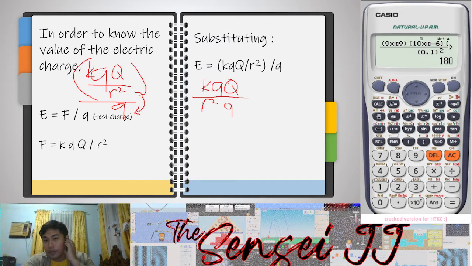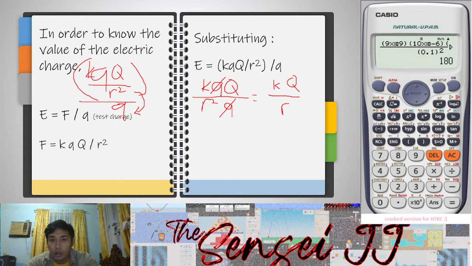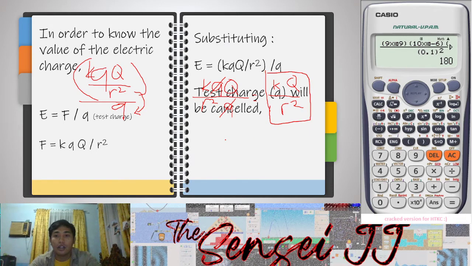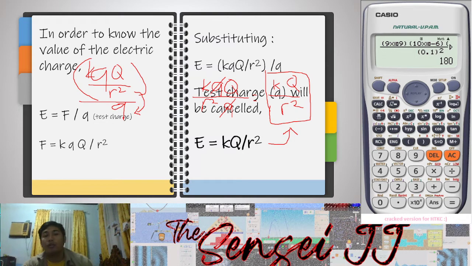So, since we have here kQq all over r squared, our test charge here will be cancelled. So matitira na lang dito is si kQ all over r squared. Okay, so let's see kung yun nga, test charge q will be cancelled and we will be having a formula of E is equal to kQ all over r squared.